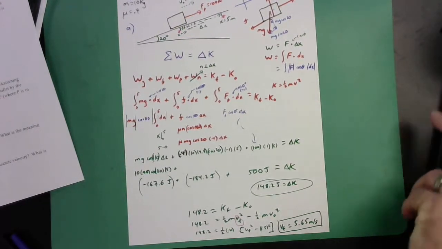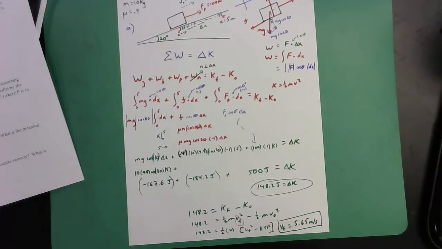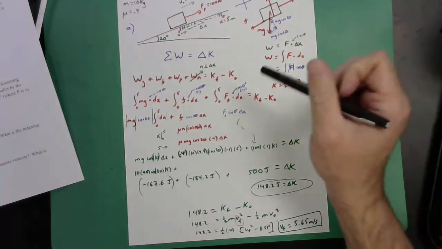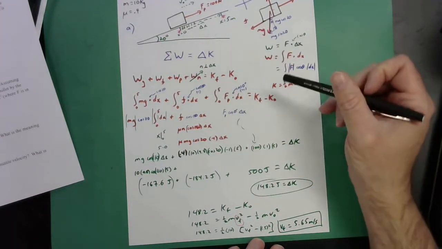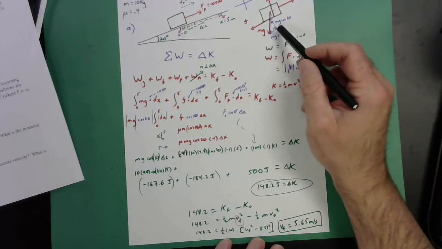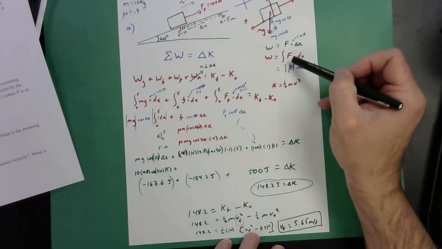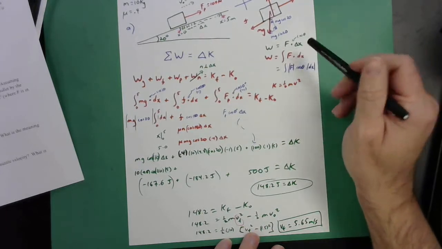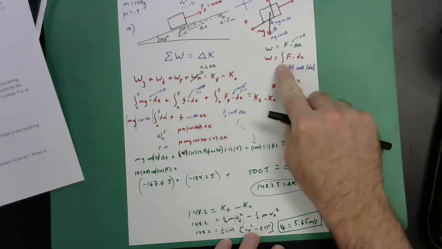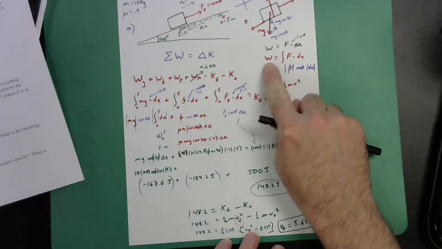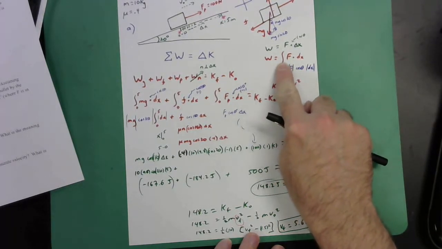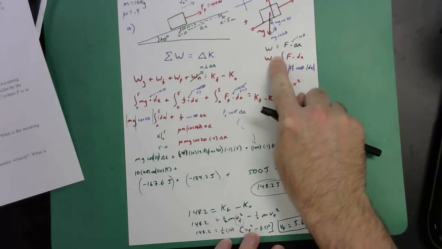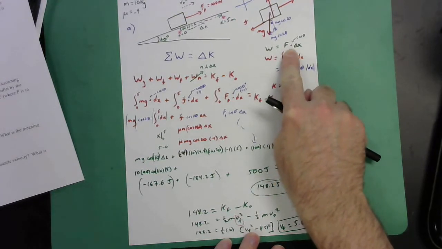So there's a whole lot going on in this problem. The biggest thing is just going through an energy calculation, which you should have done last spring. But in particular, recognizing that if we have constant forces and constant angles, the real version of the work equation will simplify down to that simpler version from last year.